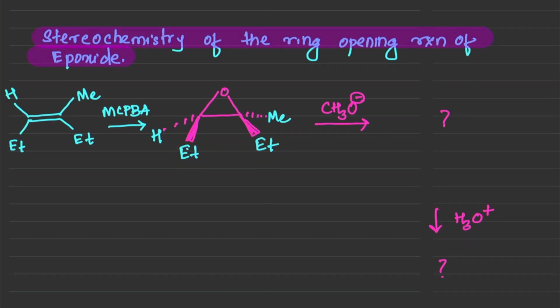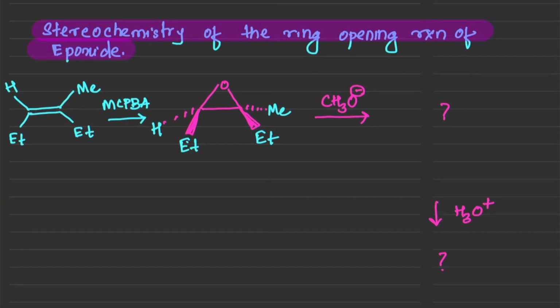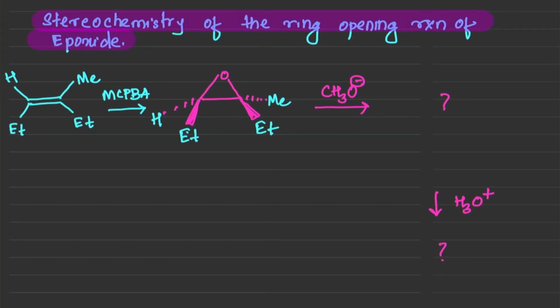Okay, so in this case the ethyl group is coming towards you. You could have other situations. Remember I told you the epoxide can form on the top and also on the bottom. You could draw the other version of the product, which is going to be the enantiomer of this. If you follow this systematic pattern, it will be a lot easier.